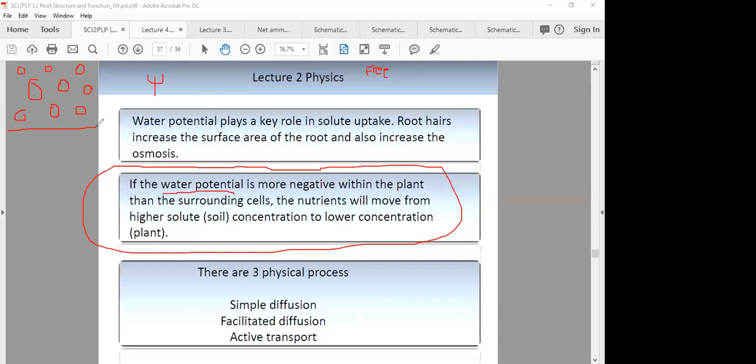What is that value? What is the water potential of pure water? Who remembers? What value do we give that? Using the units megapascals, pure water is used as the reference point value of what number?